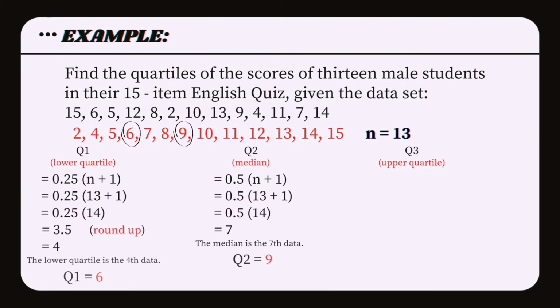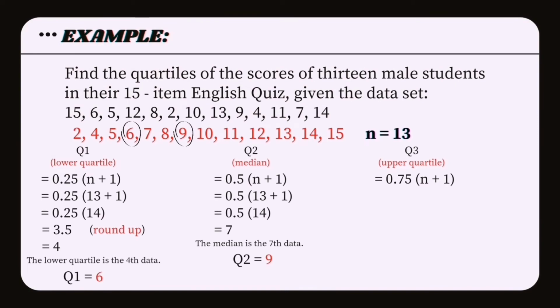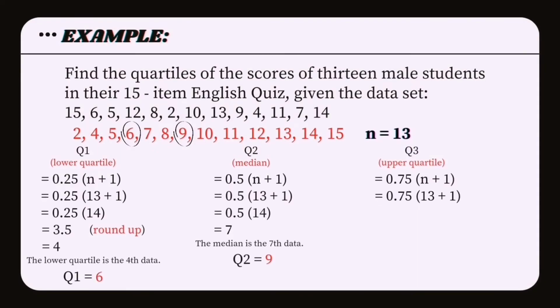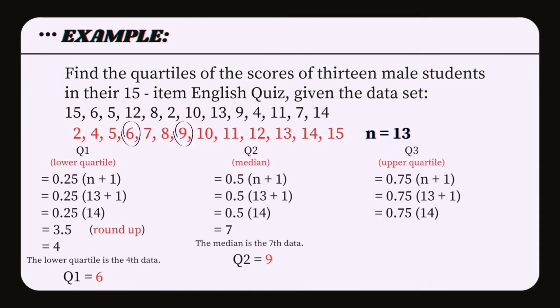Let's proceed to the upper quartile. So what is our formula for the upper quartile? 0.75 times (n plus 1). And again, we substitute 13 for n. Then 13 plus 1 is equal to 14.